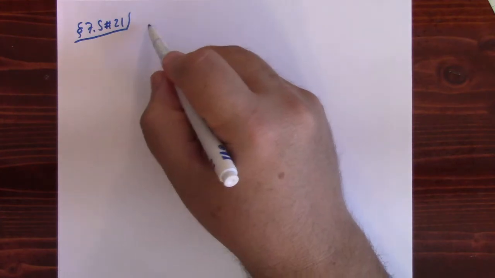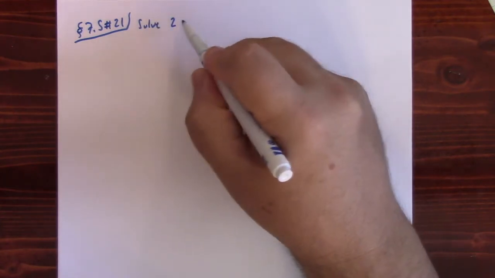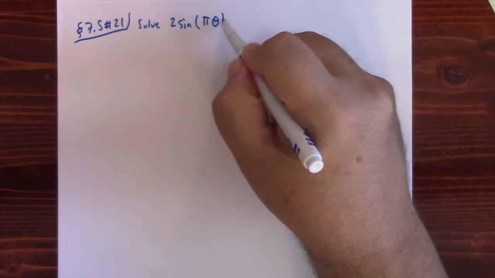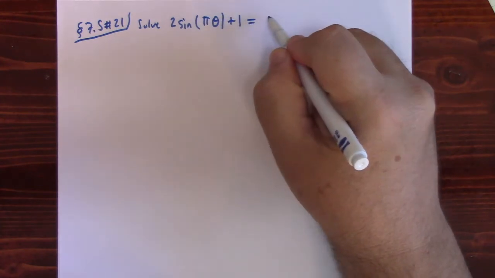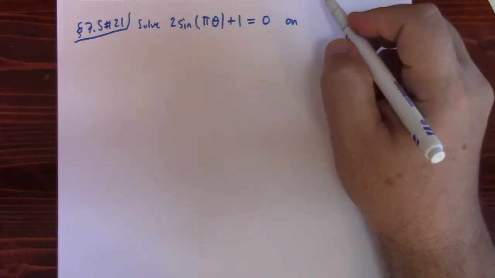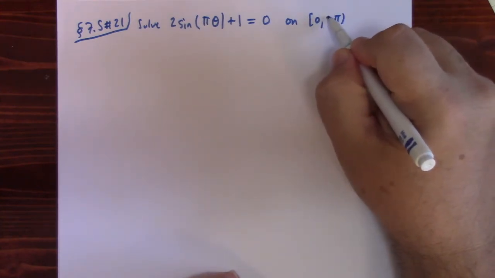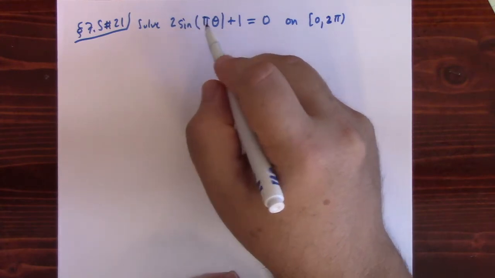So we're supposed to solve 2 sine of pi theta, right, plus 1 equal to 0 on 0 to 2 pi, right? So the first thing to do is to figure out what's the period of this guy, all right?